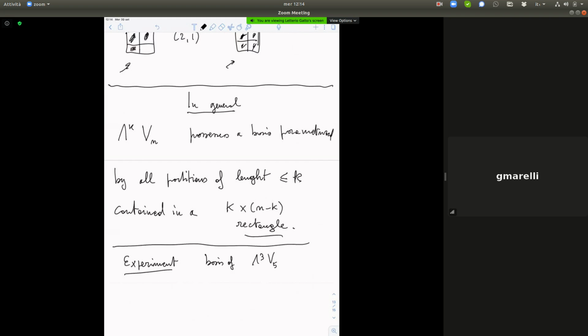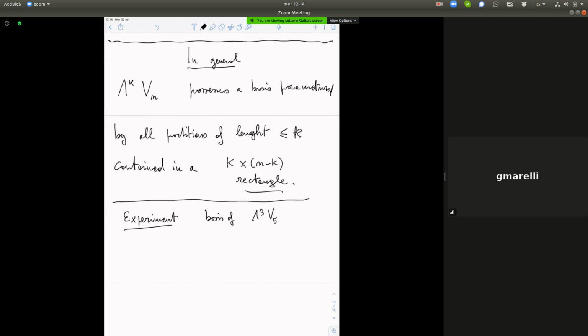Okay? So it means that we have to consider all the partitions of length at most 3 contained in a 3 times 5 minus 3 rectangle.